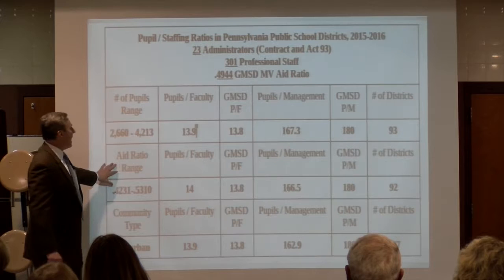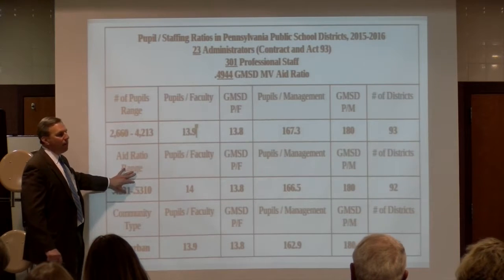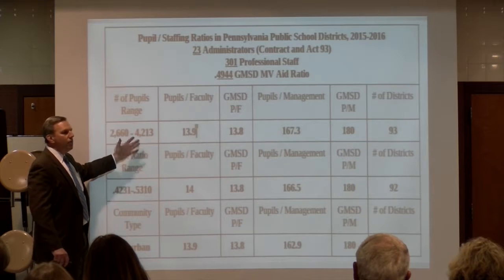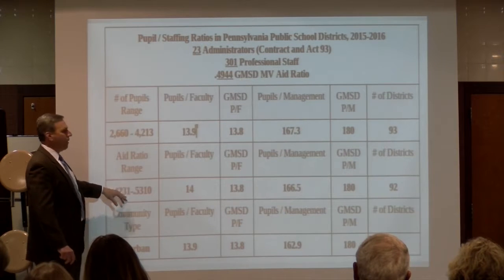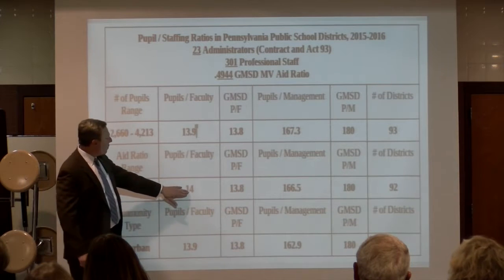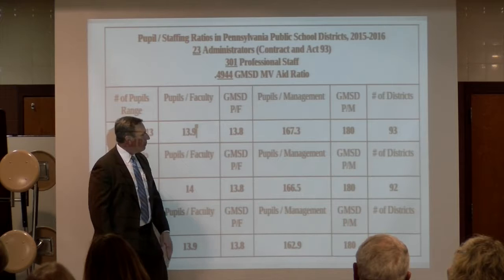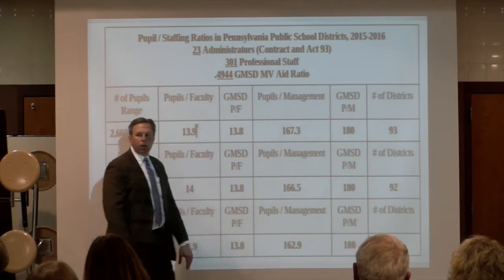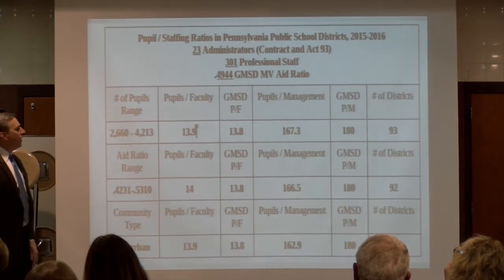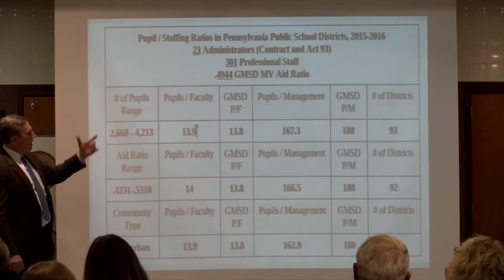Then they took the market aid ratio, which is basically relative wealth. How much money can we draw from our homeowners? We talk about affluence. This was the ratio, 14 students per staff member. We were at 13.8. And then the ratio you see for administrators, 166 per pupil was the average ratio.